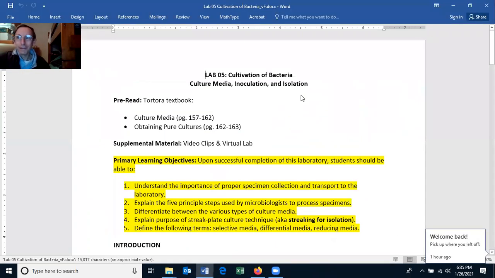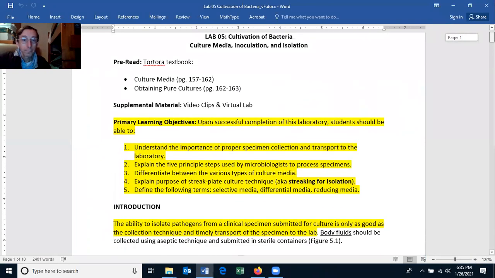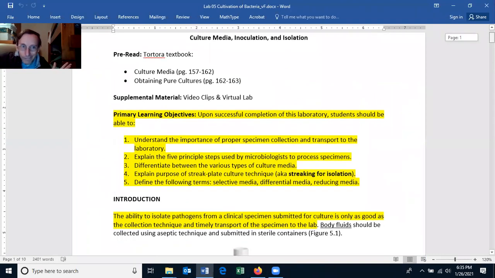Normally I have that set up there. I didn't have it set up. Sorry about that. So Lab 5, cultivation of bacteria, culture media, inoculation and isolation. Am I coming across okay? Yeah, it's fine. Thank you.